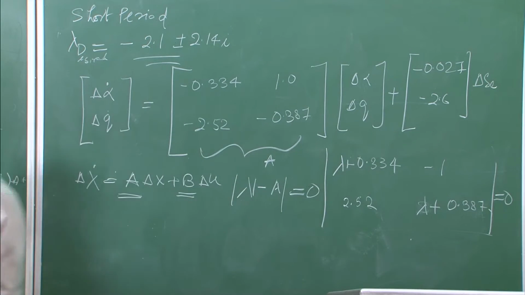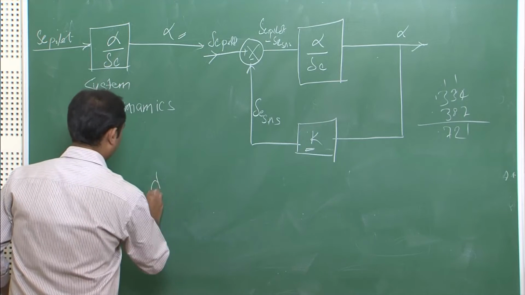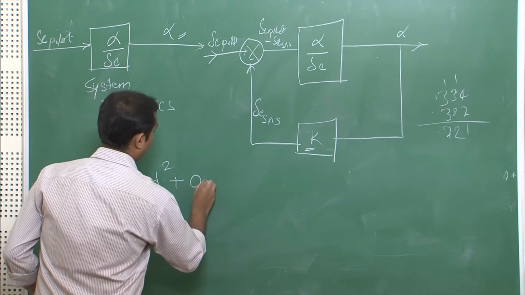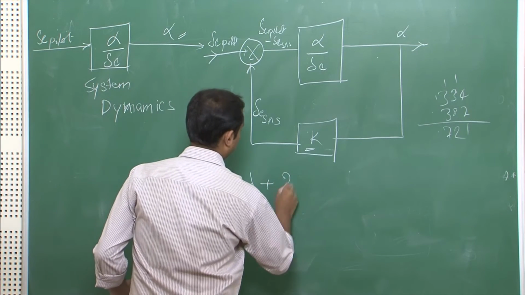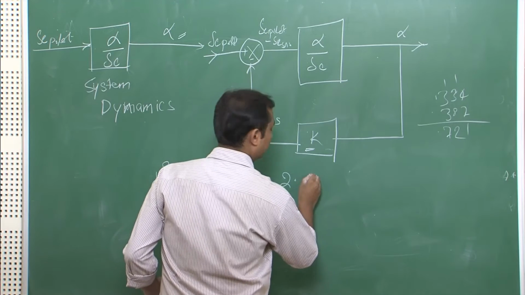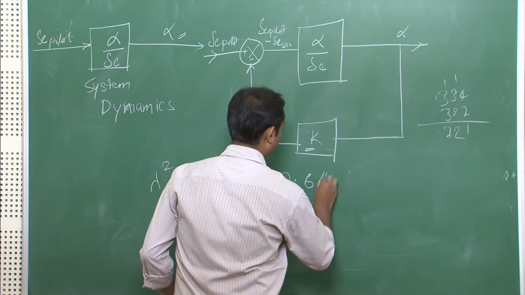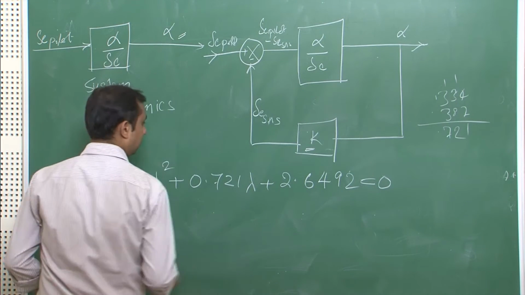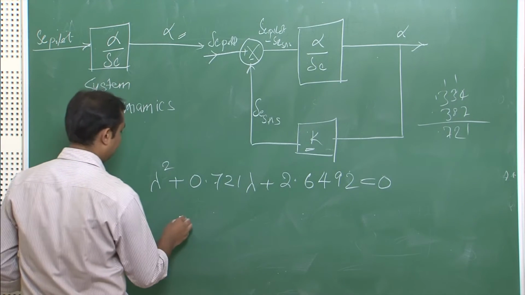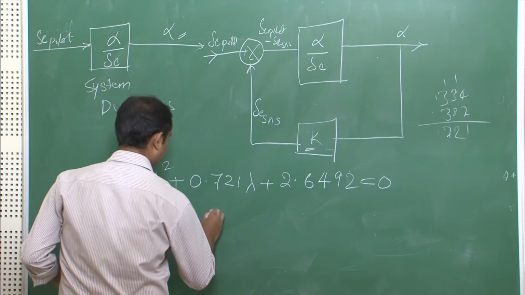We will get the characteristic equation as lambda square plus 0.721 lambda plus 2.6492 equals 0.